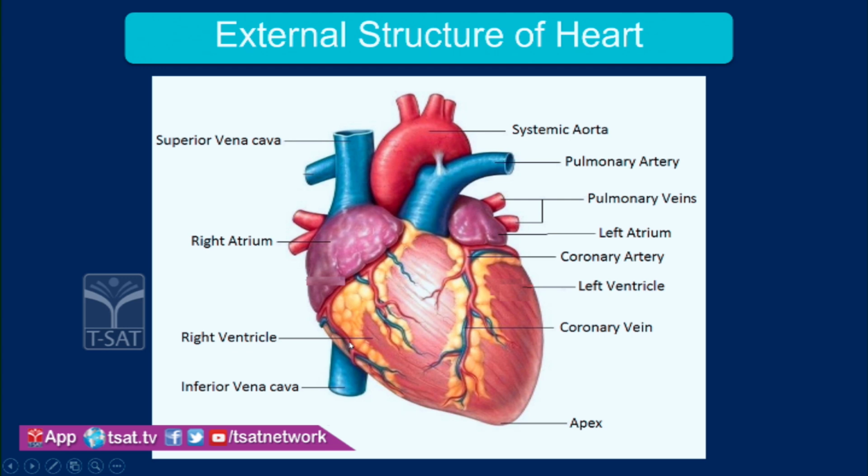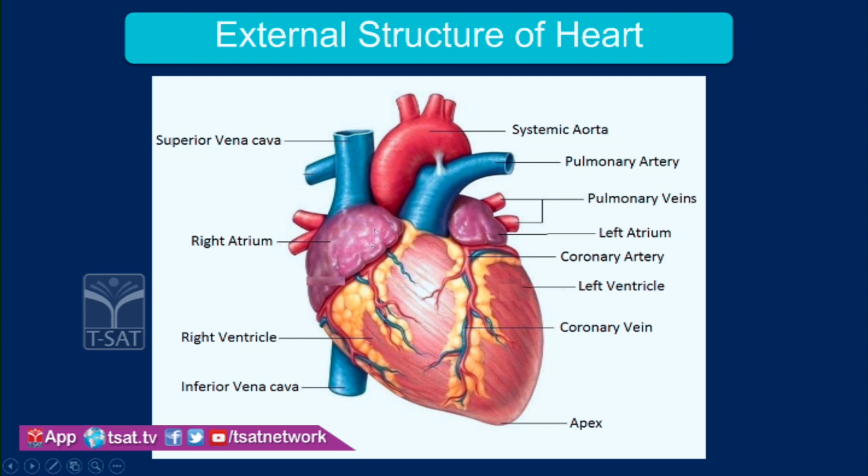Deoxygenated. So the superior vena cava carries deoxygenated blood, and the inferior vena cava also collects deoxygenated blood. Then why are there two pipes here? Because this one collects from the parts above the heart, and this one collects from the parts below the heart. The two open into the right auricle, also called the right atrium.